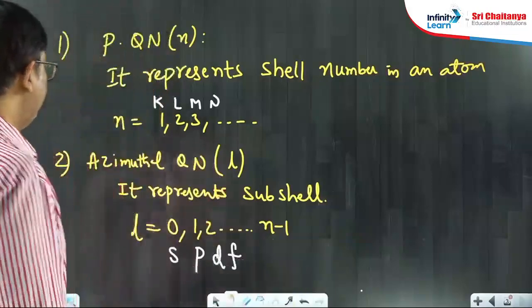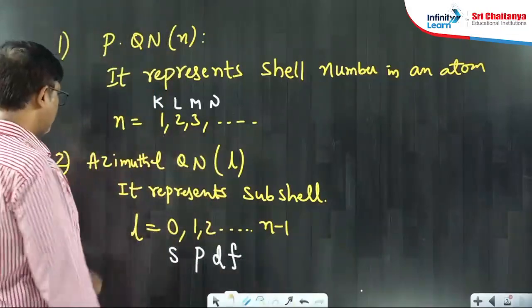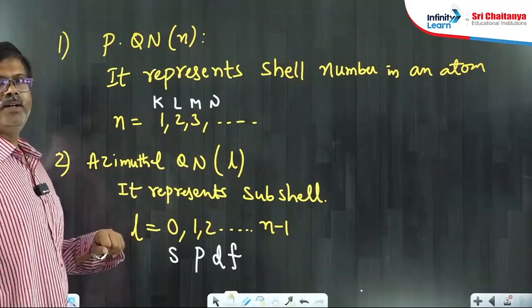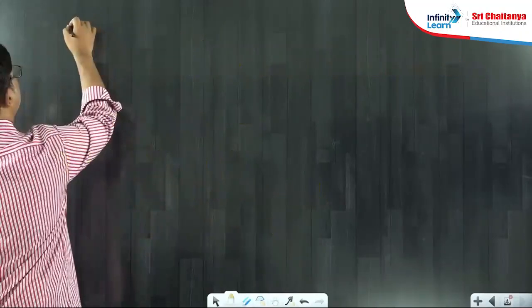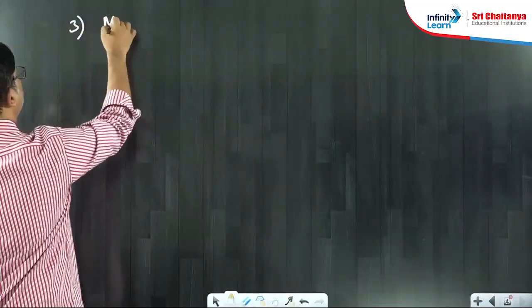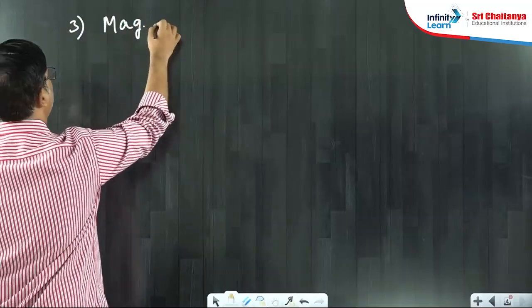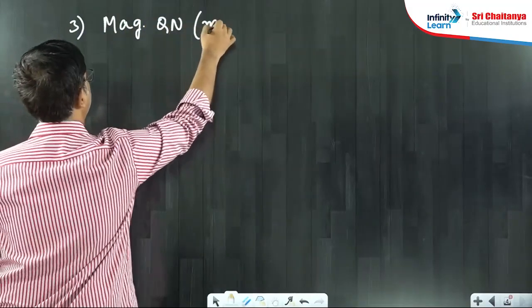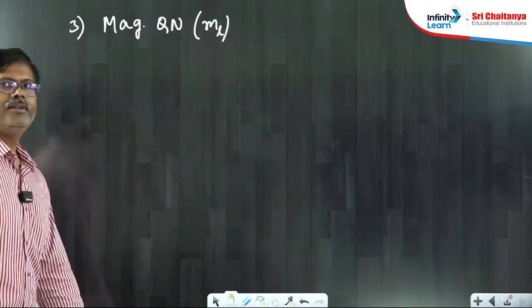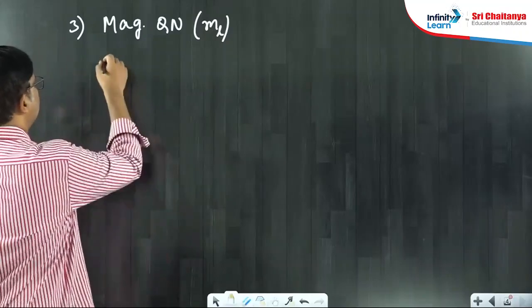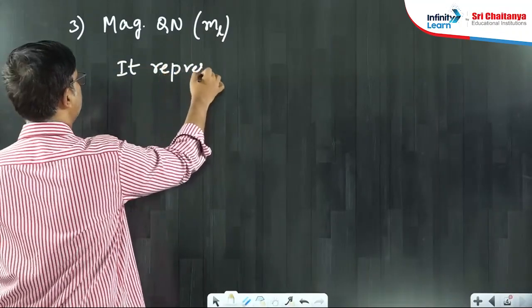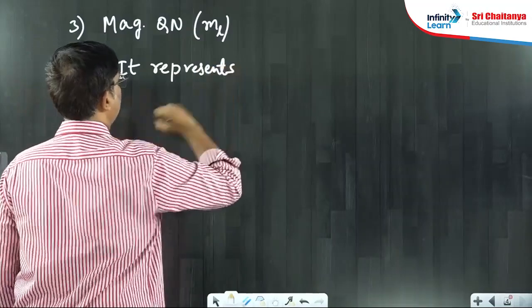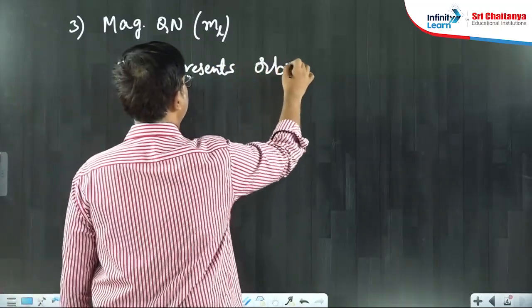Okay. Next, third thing, magnetic quantum number. City, street over, next we come to the house number, which is the magnetic quantum number, ml. It represents the orbital.